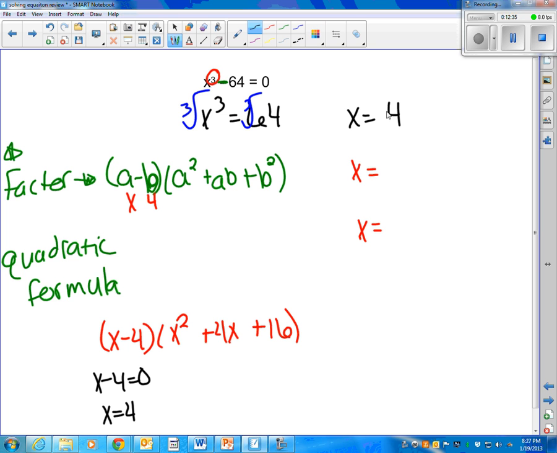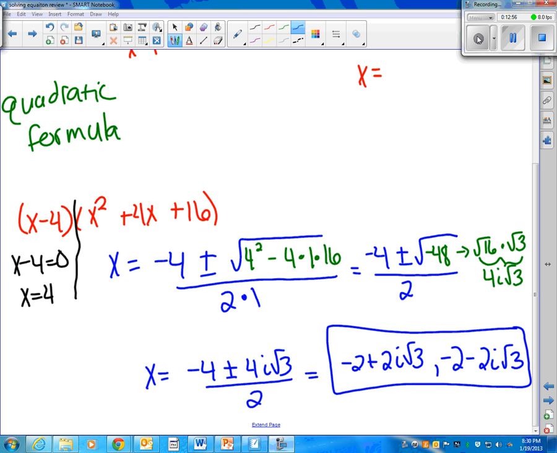There's that 4 solution. This part, my quadratic equation, is going to give me the other 2 solutions. It is not factorable, so you have to use quadratic formula. Go ahead and push pause. I want you to fill it out and then check your answer.